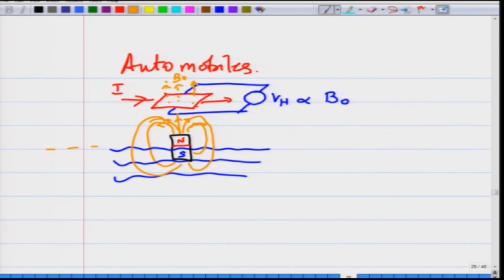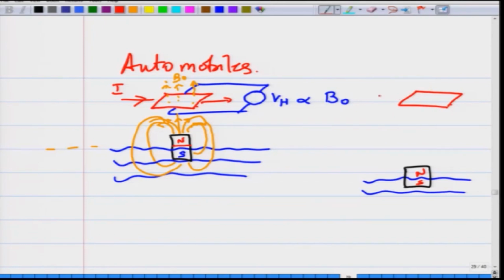If the level of the liquid goes down, the Hall sensor is still here, but suppose the level of the liquid is now at this lower level. As the level of the liquid goes down, the magnet also moves down, and it is much further away from your Hall sensor.